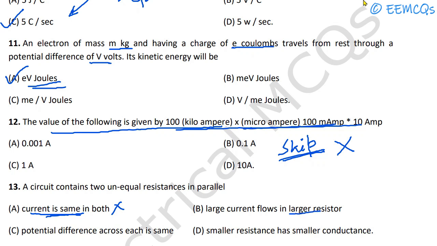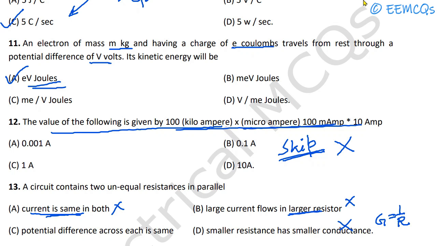This is also wrong because when two resistances are in parallel, the resistance having larger value will carry smaller current. So this is wrong. And smaller resistance has smaller conductance. This is also wrong because we know that conductance G is 1 by R. So smaller resistance will have higher conductance. So definitely the option C is correct.